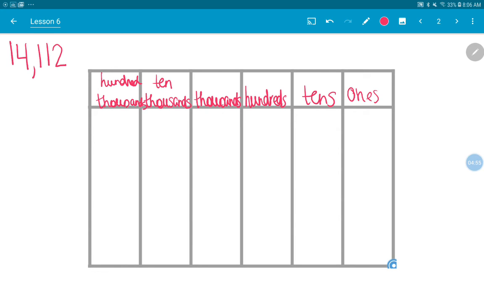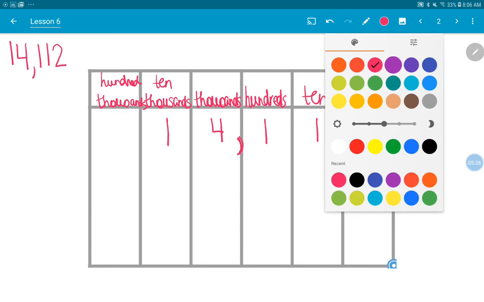Alright, so now I'm going to put 14,112 on my place value chart. This time, instead of drawing discs, I'm just going to use numbers. So I have 1 10,000, 4 thousands, 1 hundred, 1 ten, and 2 ones. 14,112. Now I want to show one less unit of 1,000s.